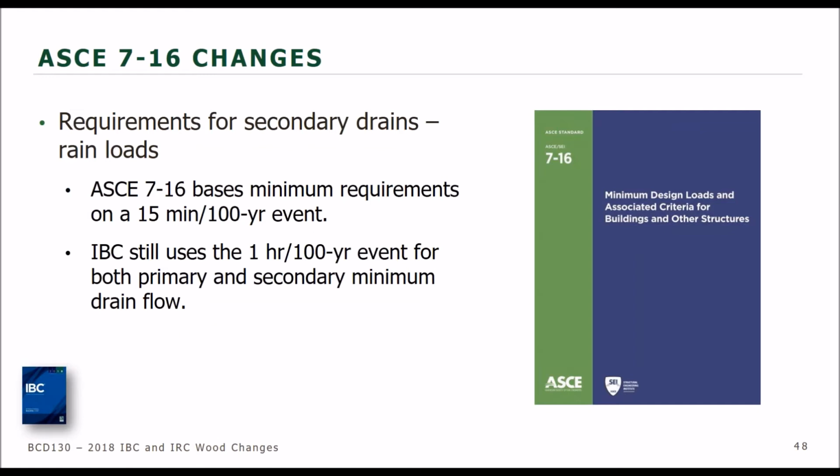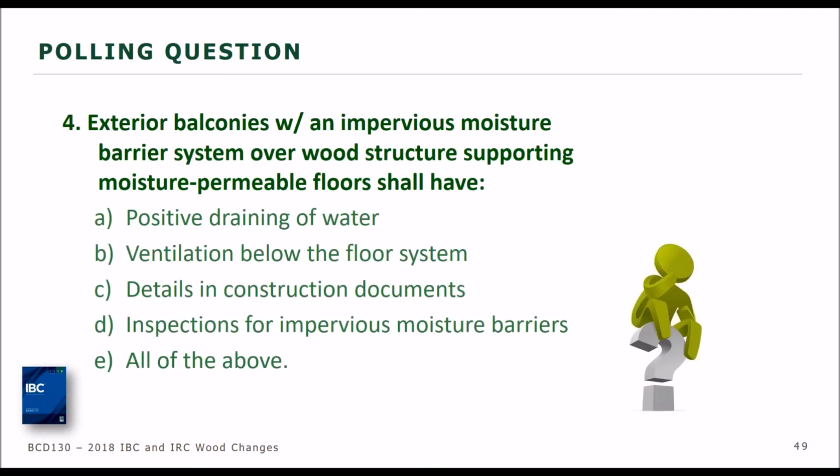ASCE 7 bases its minimum requirements on a 15-minute, 100-year event, whereas the IBC still uses the 1-hour, 100-year event for both primary and secondary minimum loads. A proposal to remove this difference to align the criteria was defeated in the online voting. So more reason to get involved with this.